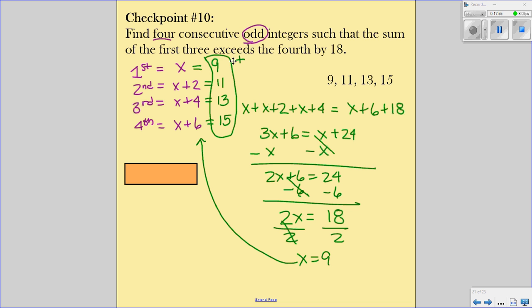So anytime we see exceeds, exceed means to increase, to go ahead, to add on, so that's plus. And there's always an equal sign. So when they tell you the first part and then exceed, then you got the second part. So exceeds means that's going to be added by the fourth, and you're going to have an equal sign.